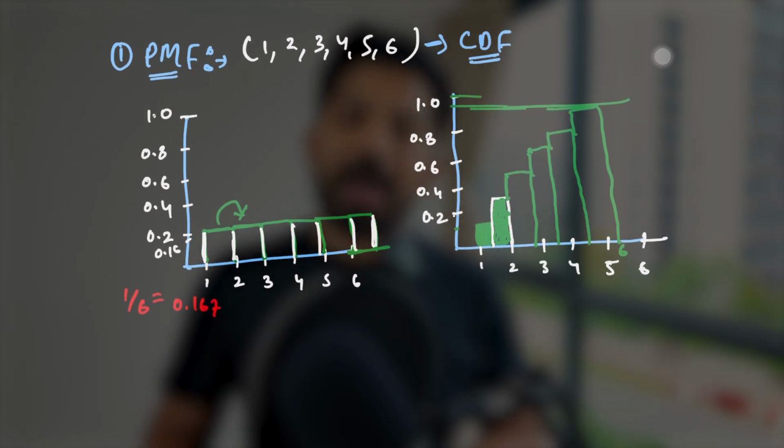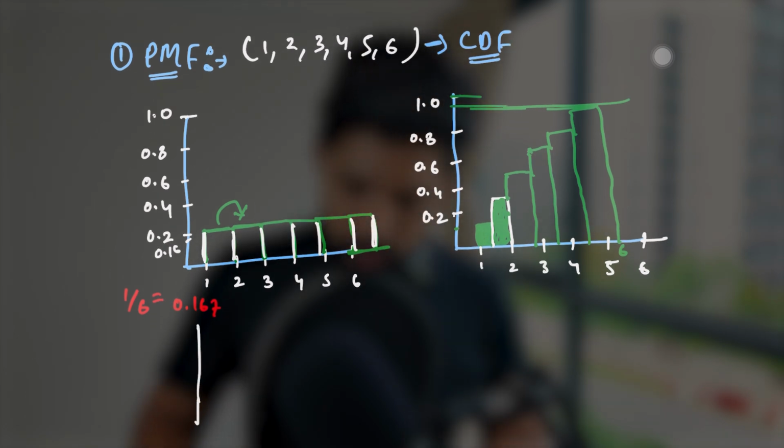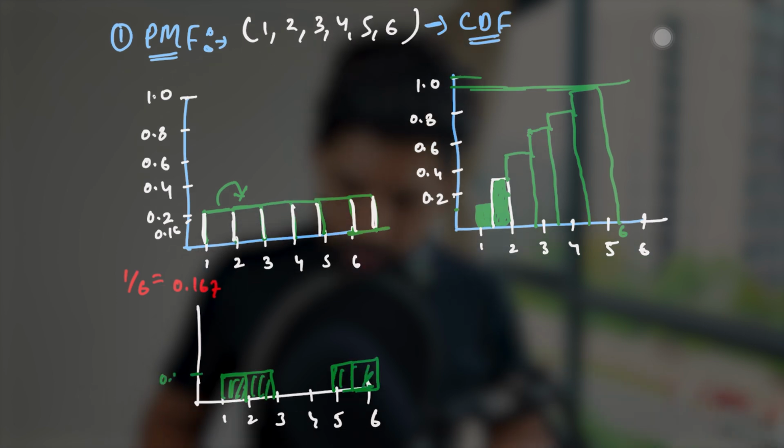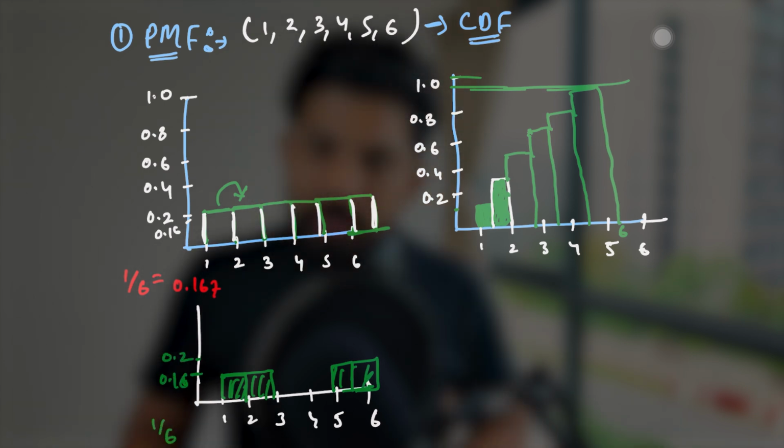So now how can I draw this? I can draw this like, this is 1, 2, 3, 4, 5 and 6. And we know that we have 1, we have 2, 3 and 4 are not there, and then we have 5 and 6. So it will be something like this, and here we have like 0.16, and you can take 0.2 here, right? 1 by 6, correct?